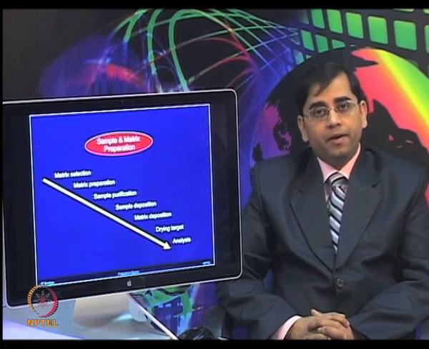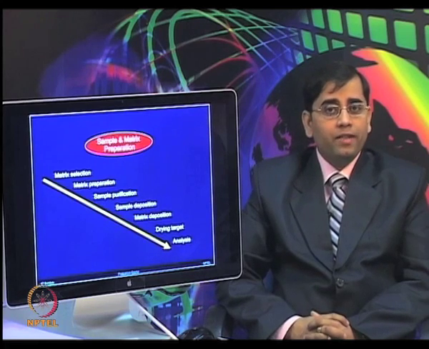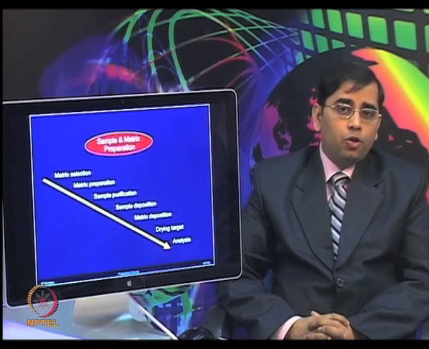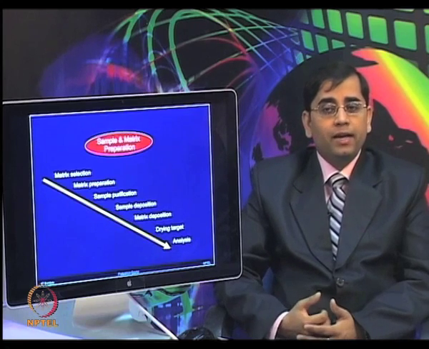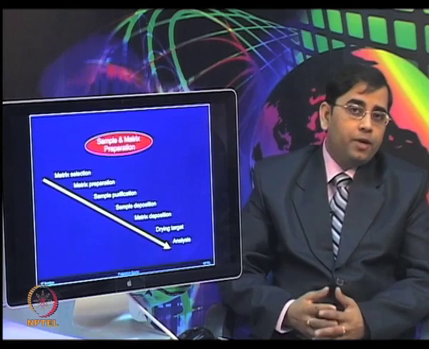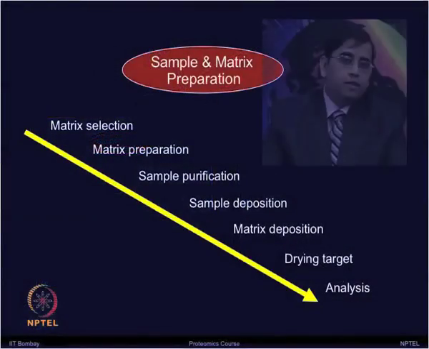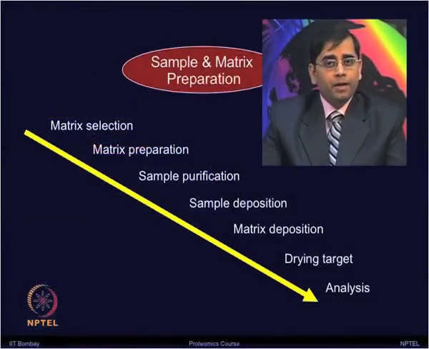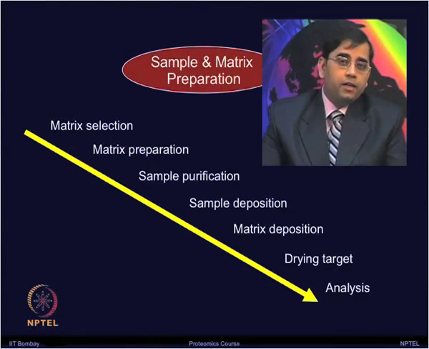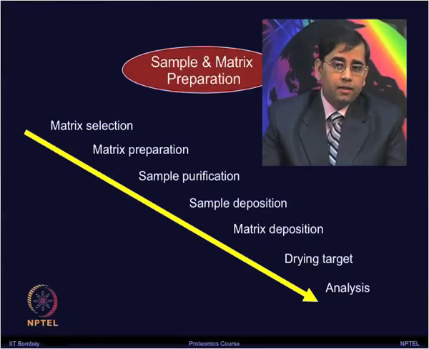Now, you have the sample ready and you have selected the matrix. So, now let me show you the various steps involved before you can actually start the MALDI experiment. You need to select the matrix, you need to prepare a matrix, you have already done the sample purification. Now, the sample needs to be deposited on the MALDI plate.